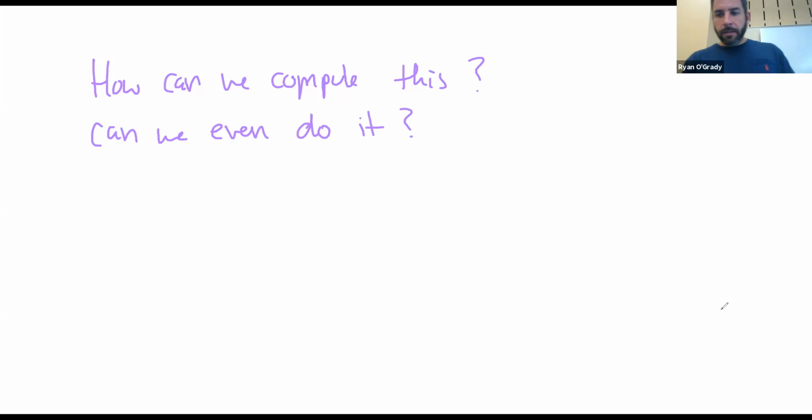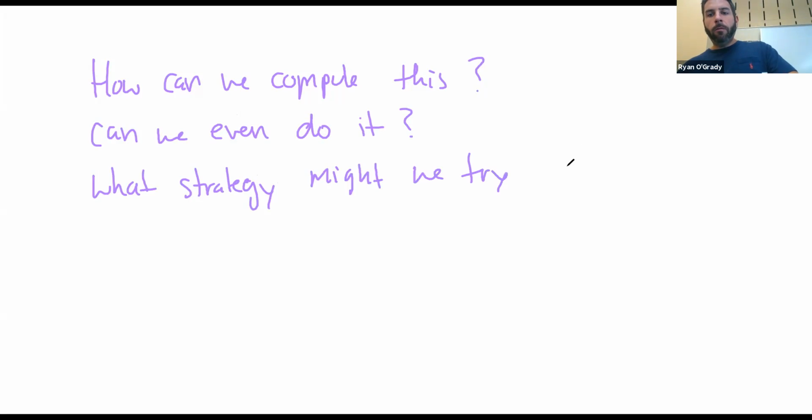Again, what strategy might we try? And let's write it down one more time. It's the integral from 0 to 1 of the square root of (4x plus 1) over 4x dx.